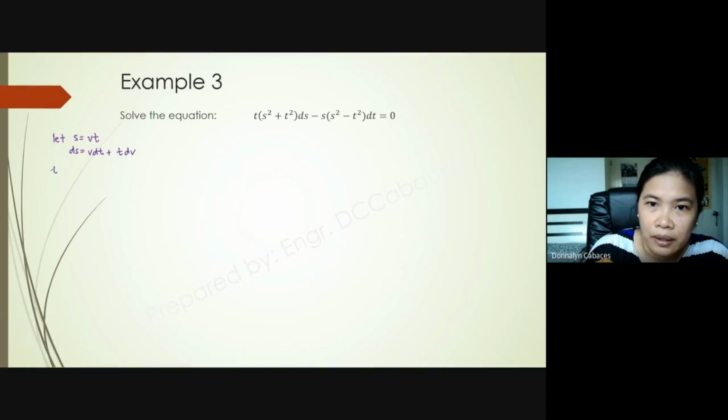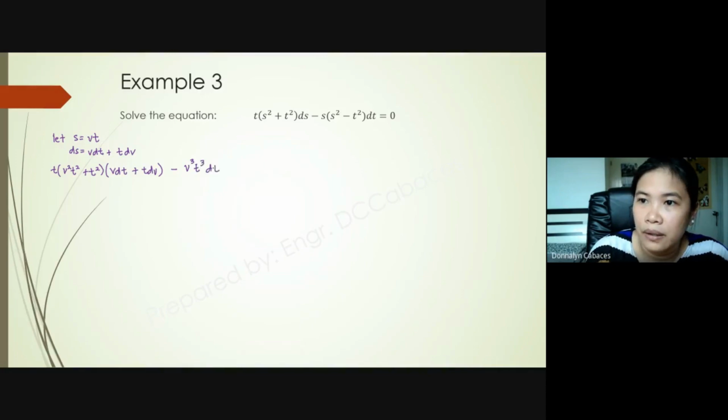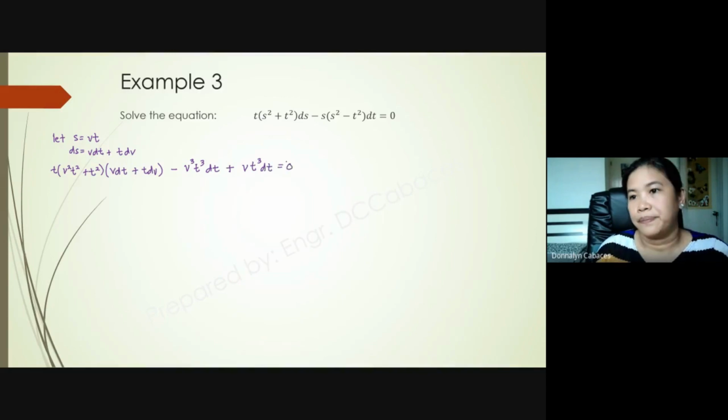You have t times our s is vt, so that is v squared t squared, plus t squared times ds, which is v dt plus t dv, minus s cubed, so that is v cubed t cubed dt, plus our s again is vt times t squared, so that is v t cubed dt, is equal to 0.